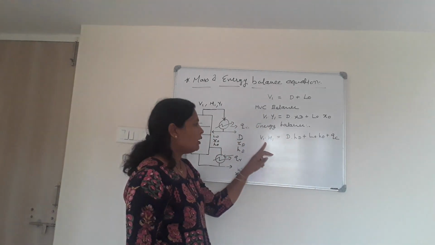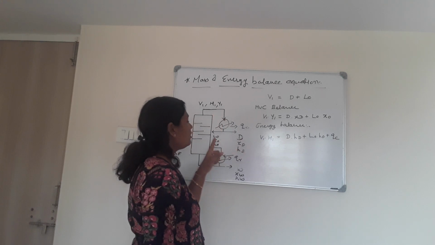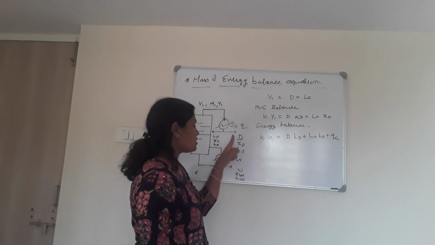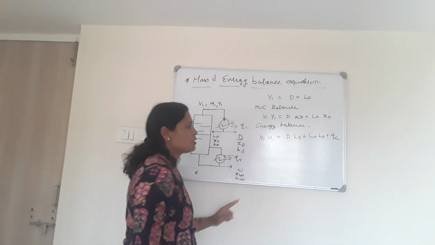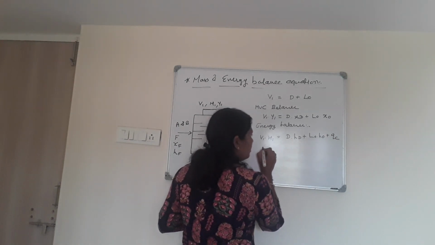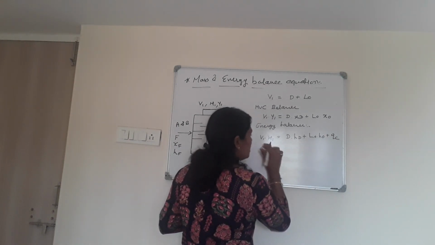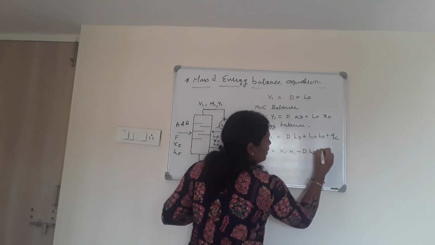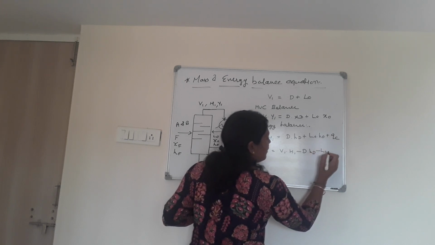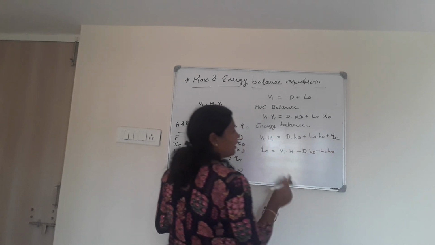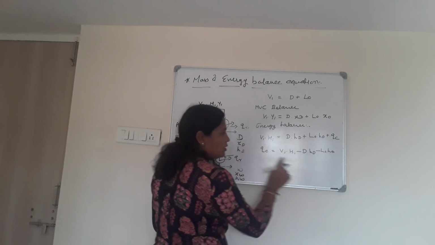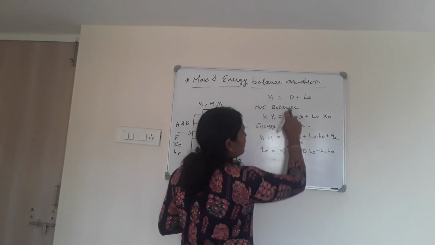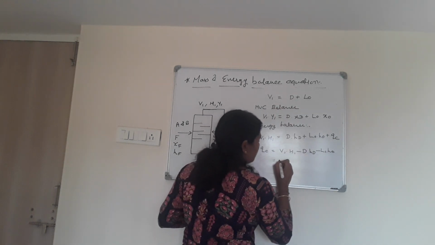So we have input V1 into H1 and output is L0 into H0 plus D into HD plus QC. Now if we write the equation for QC, it becomes V1 into H1 minus D into HD minus L0 into H0. What we have done is taken these 2 to this side, so it becomes minus. Now for V1 what can we write, D plus L0.